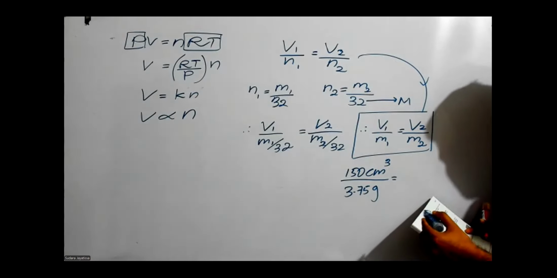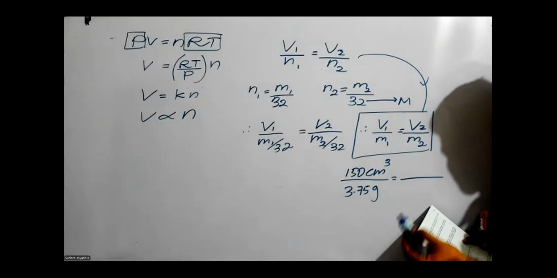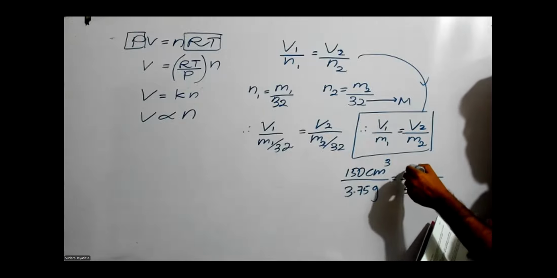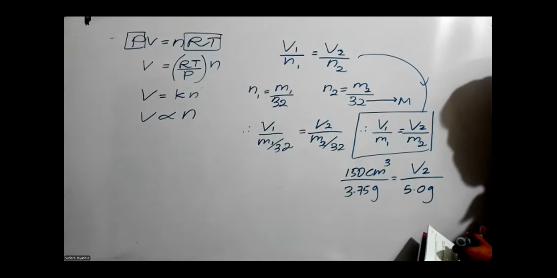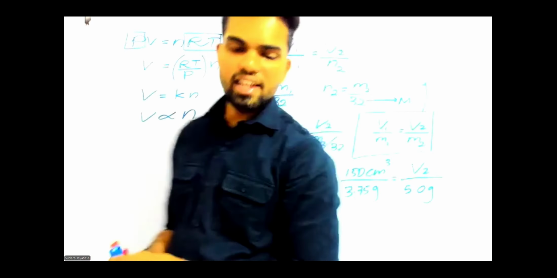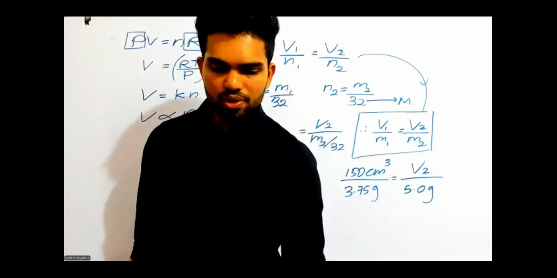And don't forget the total mass: you have to add 3.75 and 1.25, so it is 5 grams. You are asking for the new volume V2, so you can subject V2 and find the answer. That's what they are expecting. It's a very simple thing, just figure out the relationships.